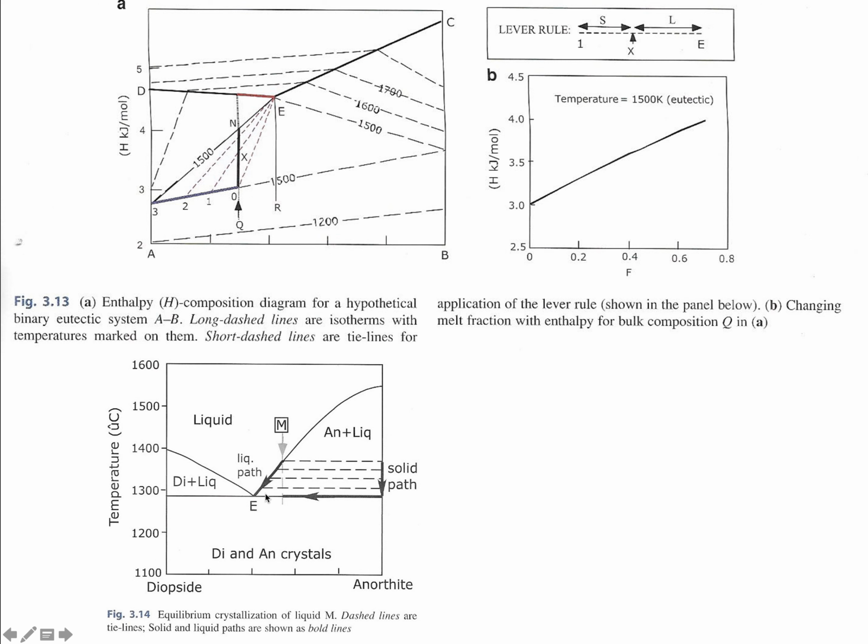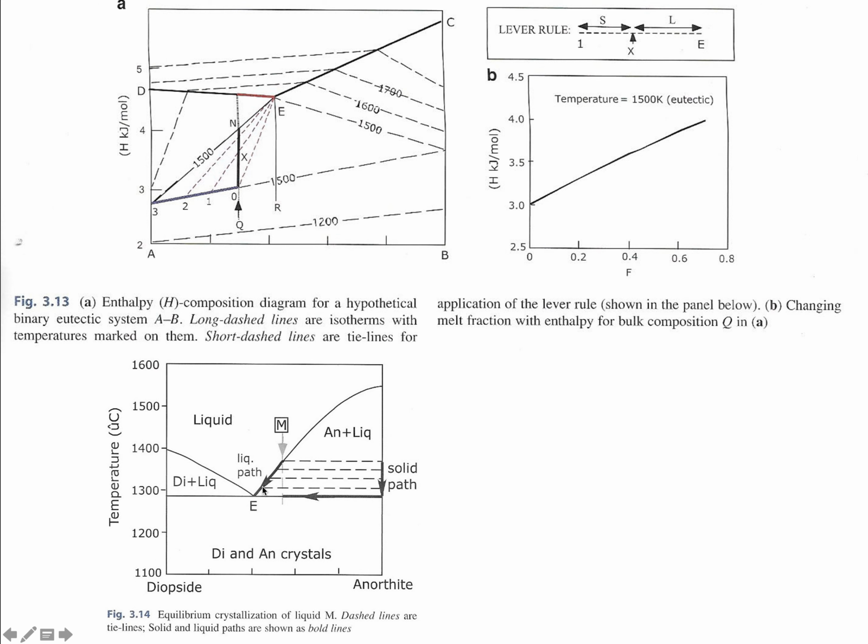When we are going from the lower temperature to the higher temperature, that is the solid path. And we can go from the higher temperature down to the lower temperature, crystallizing minerals out of the melt.